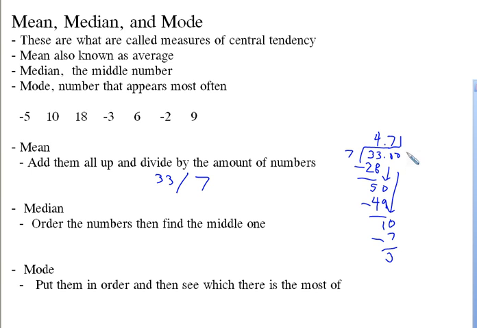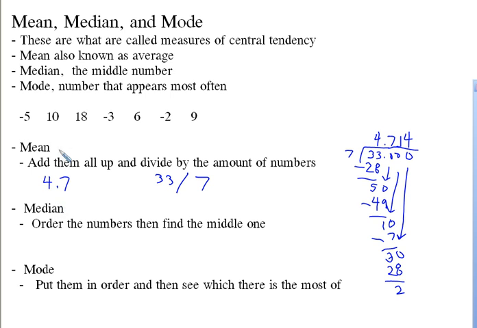Then we bring down the 0, and 7 goes into 30 how many times? 4 times. So that's going to be 28. 2. And we're just going to go ahead and round it off at the 10th place. So 4.7 is going to be the mean.